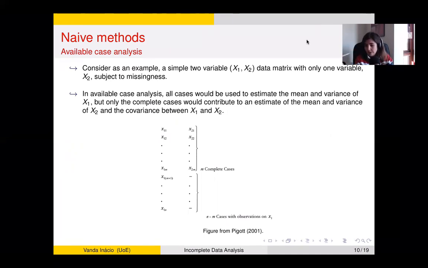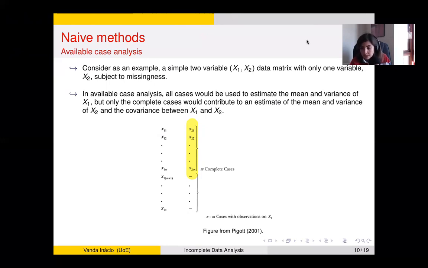We know that this is a univariate pattern, so we can rearrange the data set in such a way that the first m, say, individuals have observed x2 values, while the remaining n minus m individuals have missing values for x2.